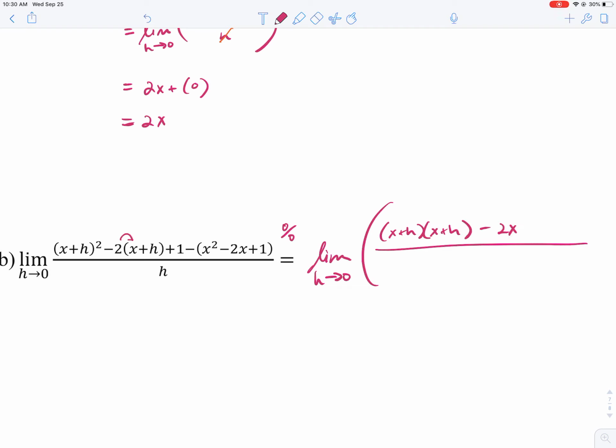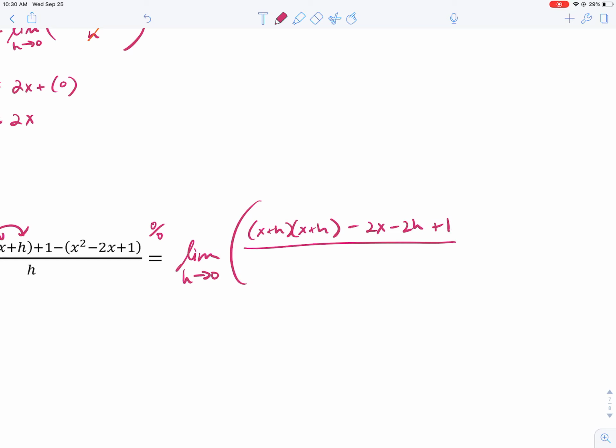When I distribute that -2, plus 1, and then I'm going to distribute the negative. Oh, this is yucky.